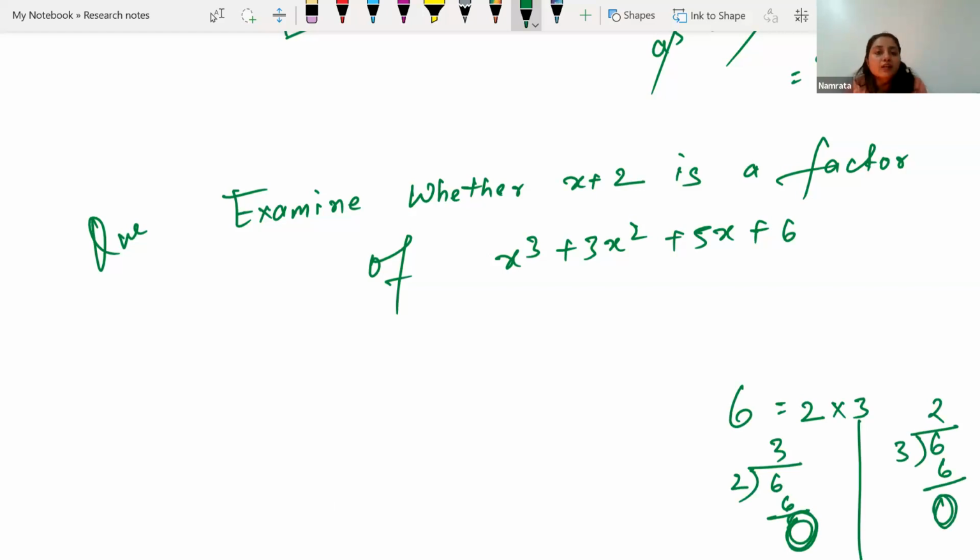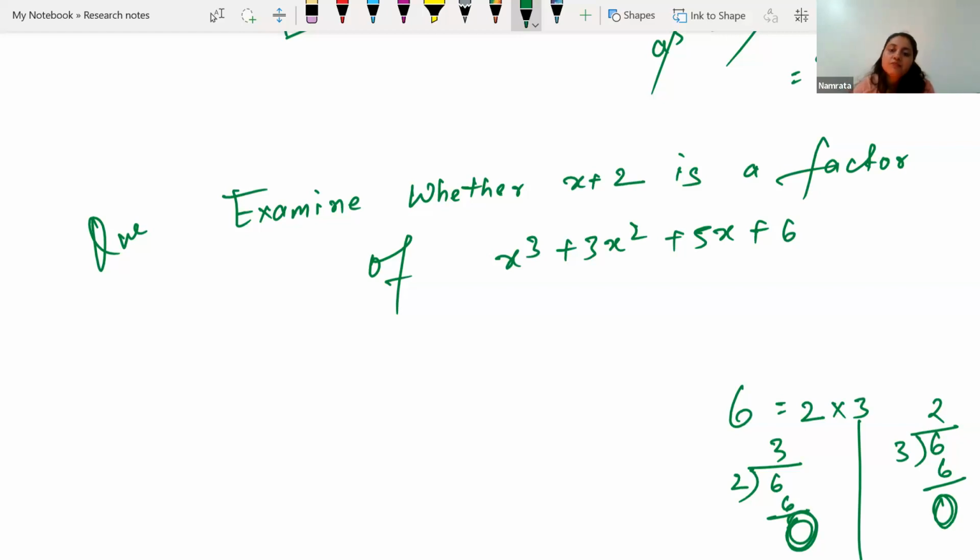So if you divide 6 by any of its factors, either 2 or 3, you get the remainder 0. So if you get remainder 0, then the given divisor is a factor. If the remainder is not 0, then it's not a factor.